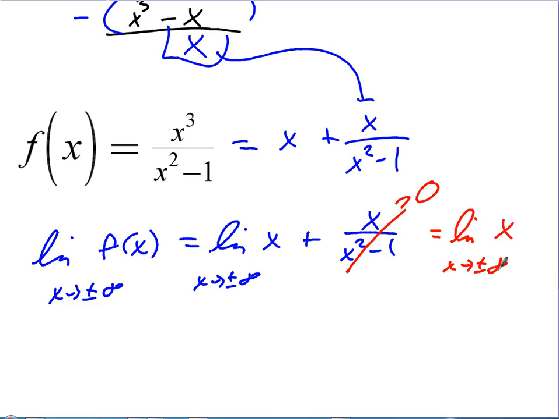Now, sure, that equals plus infinity or minus infinity, but more importantly here, it actually has a shape, right? In the limit, this function looks like the simple function y equals x. And so we call that a slant asymptote, right? In the limit that x approaches plus or minus infinity, the function looks like y equals x. The other term went to 0.